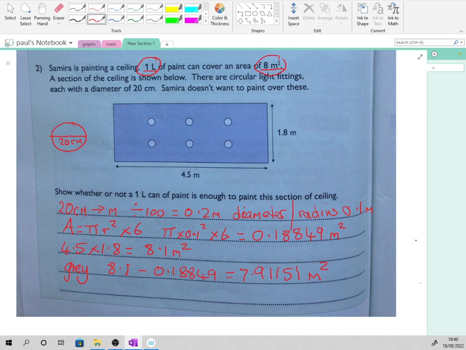Our area to paint, the grey bit, is 7.91151. Therefore, 1 litre of paint is just enough. Right, so 1 litre covers more than the area to paint.